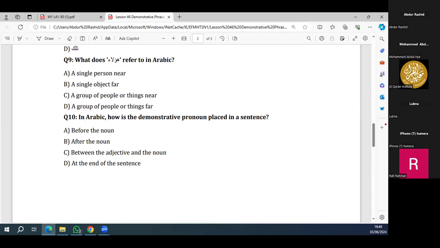Question number 10: in Arabic, how is the demonstrative pronoun placed in a sentence? Before the noun, after the noun, between the adjective and the noun, at the end of the sentence. We've got A. Between the adjective and noun, no. There is no rule like that.